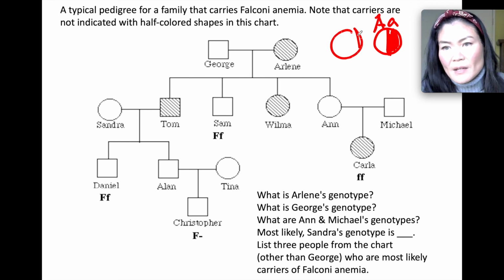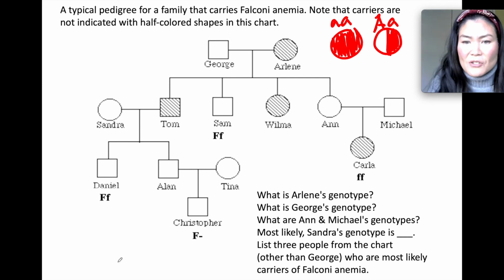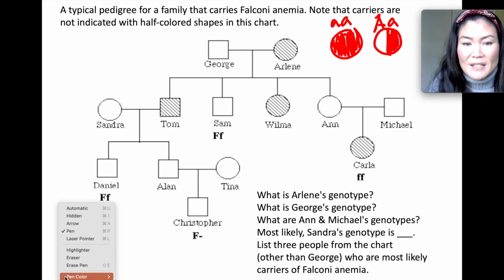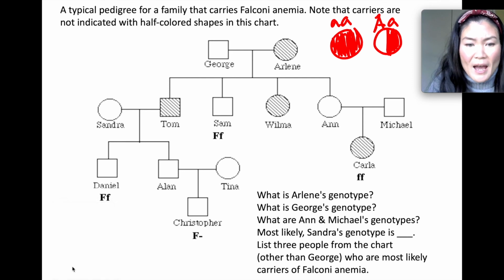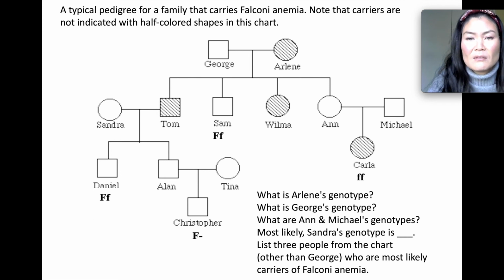And then if it's completely filled in, if it's a recessive trait that's being analyzed, it would be little a, like that, okay? But in this case, it's just saying that carriers are not indicated. If they have it, then it's going to be filled in. If they don't have it, it's not going to be filled in. So for example, George could be a carrier, but he doesn't show it. They didn't do the half circle.